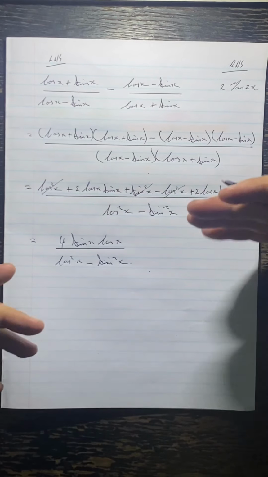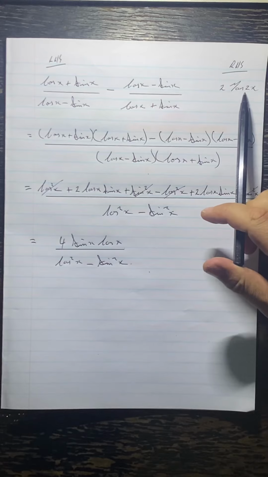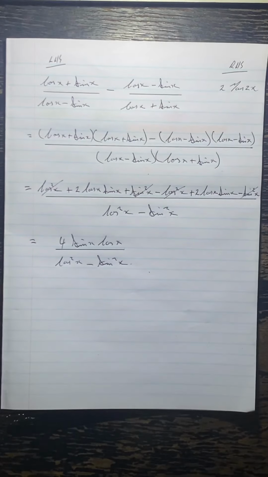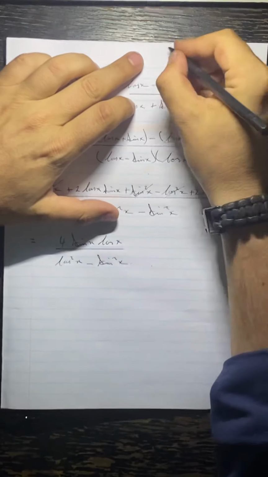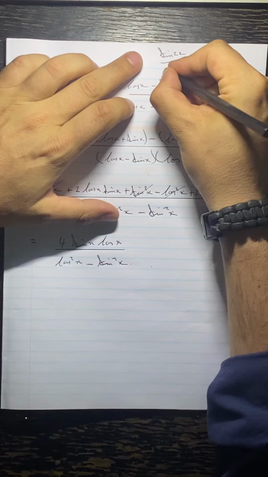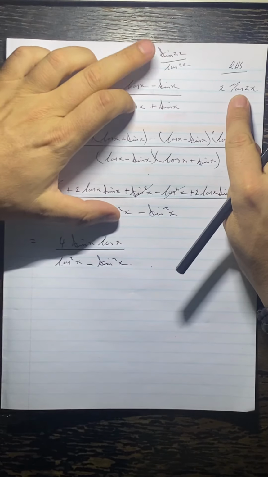Now just remember what we're trying to do here. We are trying to get to our right-hand side. The only way I can get this tan 2x is if I get a sine 2x over a cos 2x. Just remember that tan is sine over cos.